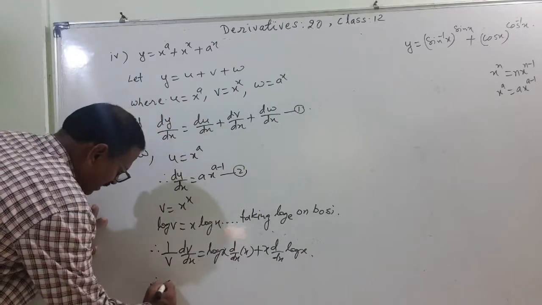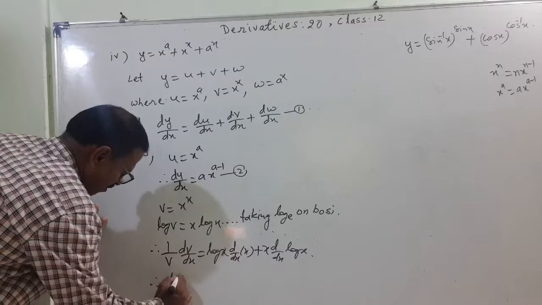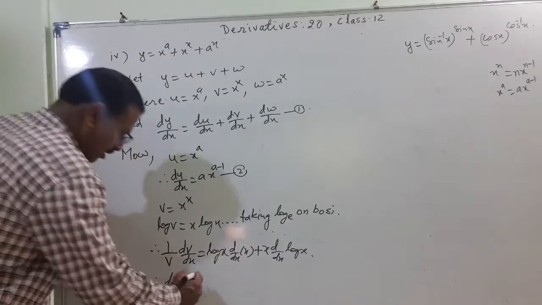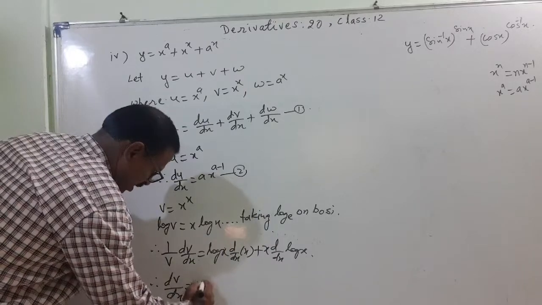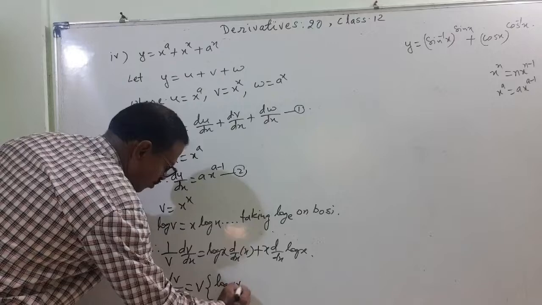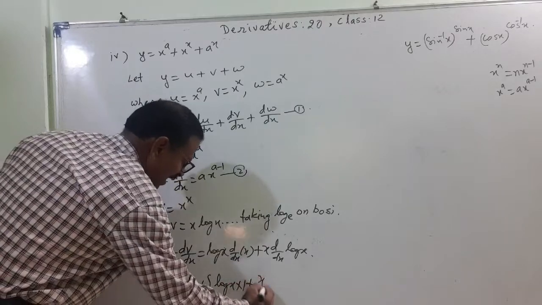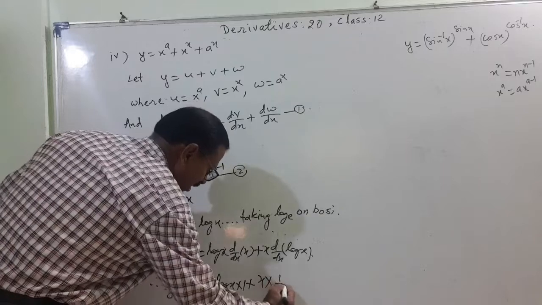Therefore dv by dx is equal to v into log x into 1 plus x into derivative of log x, which is 1 upon x.